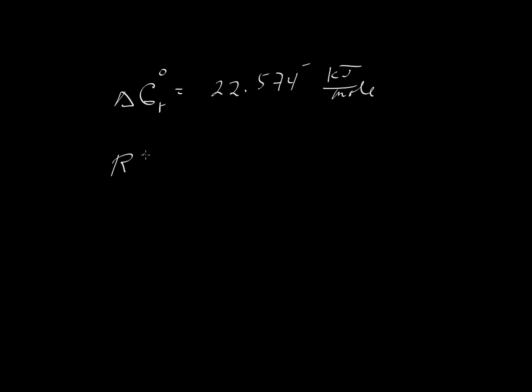So now we are going to use this equation, one of the most famous and important equations in all of chemistry. So we're going to extract this Keq value, and it is equal to minus delta G naught, so we can put a minus sign in front of the value we've obtained, minus 22.574 kilojoules per mole. And we can rearrange this.